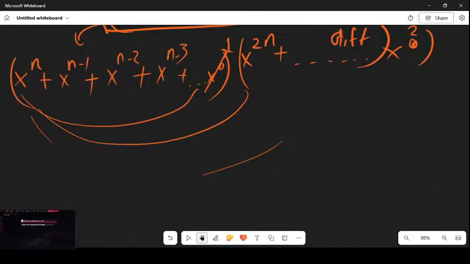Number of dissimilar terms in the expansion of... There should be a valid explanation.